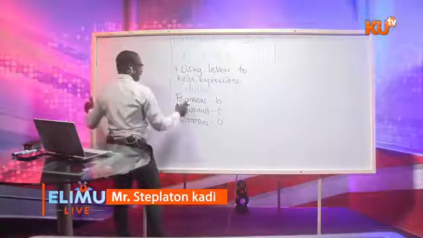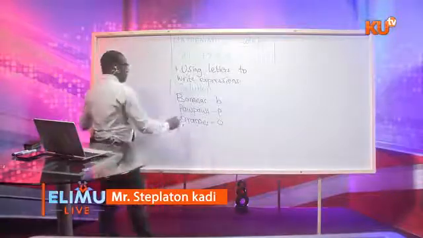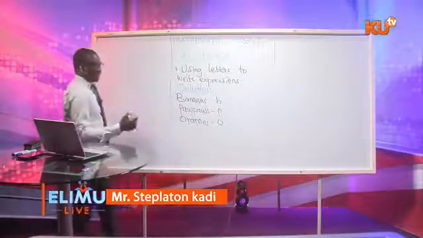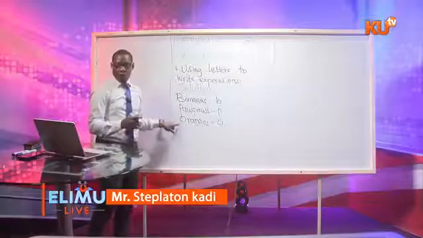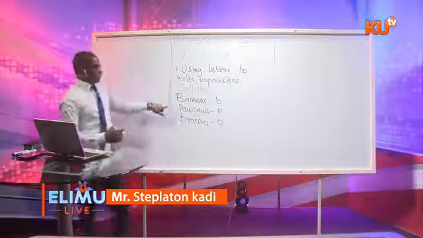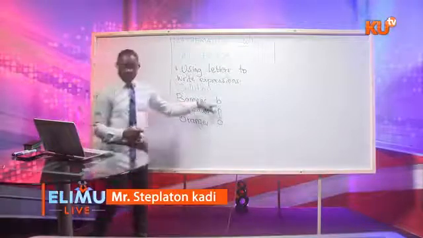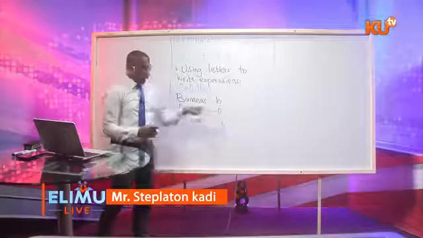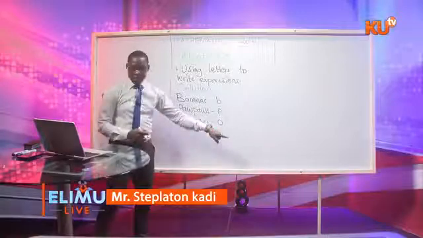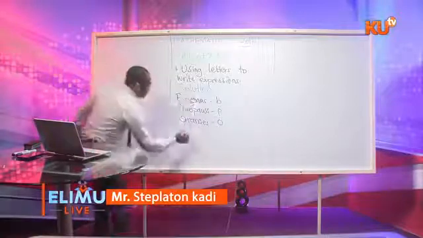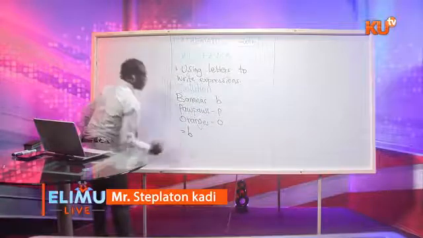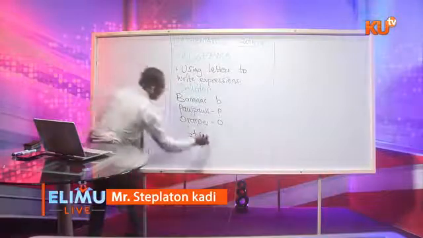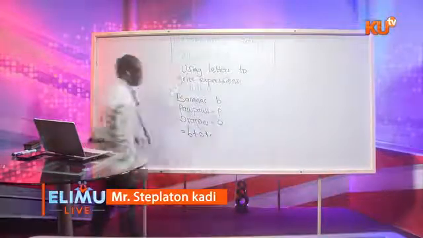So we look at bananas. Bananas are B, pawpaws are P, and oranges are O. To get the total number of fruits that were bought, we take the number of bananas, add those of pawpaws, and finally add those of oranges. So our answer is B plus P for pawpaws plus O for oranges.